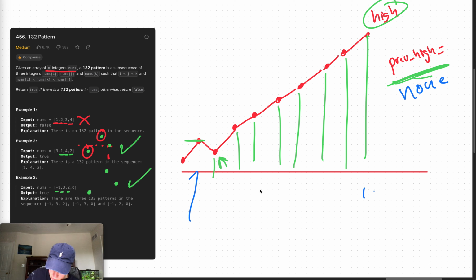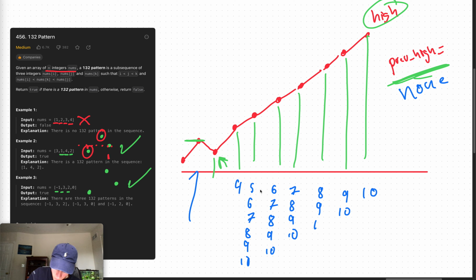So first it would just be 10, then it would be 9, 10, 8, 9, 10, 7, 8, 9, 10, 6, 7, 8, 9, 10, 5, 6, 7, 8, 9, 10, 4, 5, 6, 7, 8, 9, 10. All of this time, prev is still set to none.